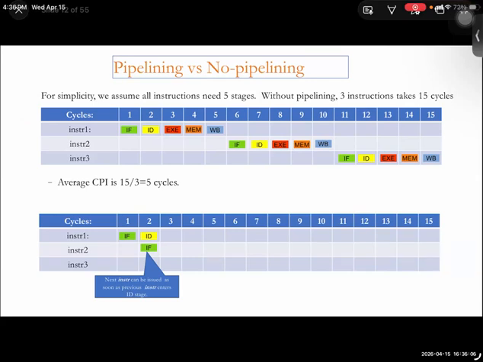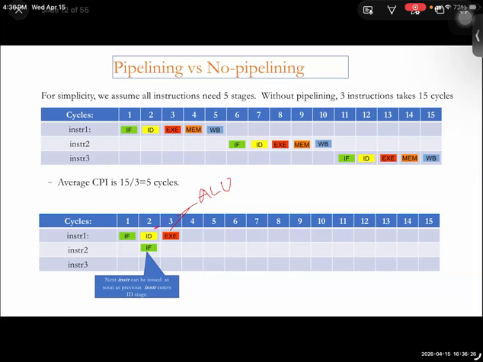Yeah, at the third cycle, instruction 1 enters the execution stage. That means it is busy with the ALU. So it has released the register file.